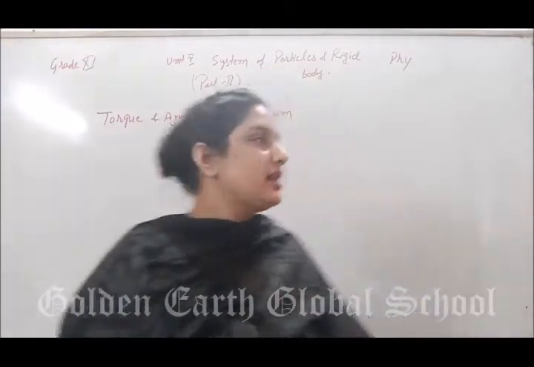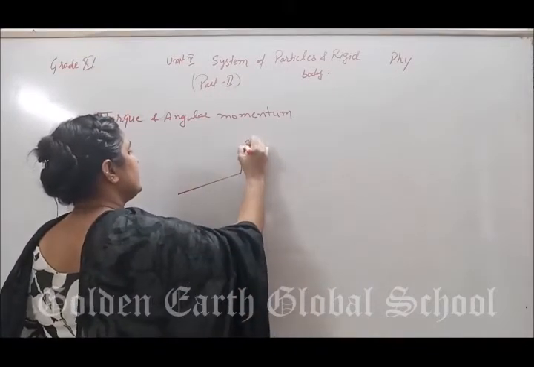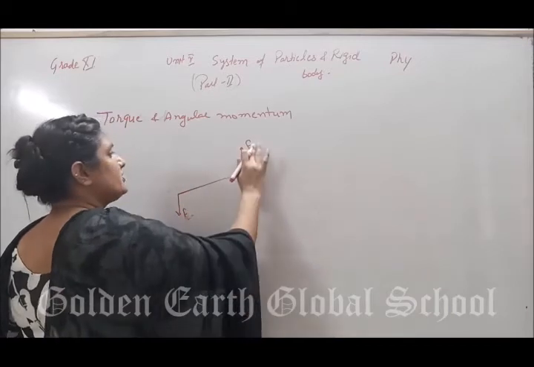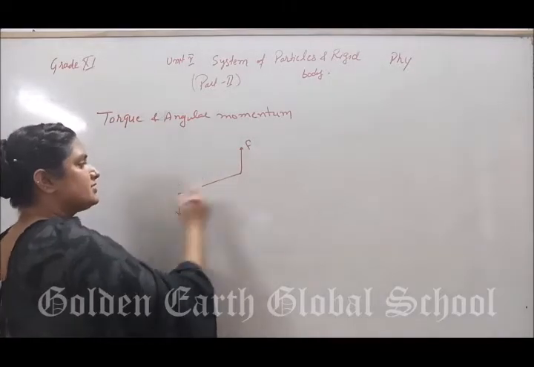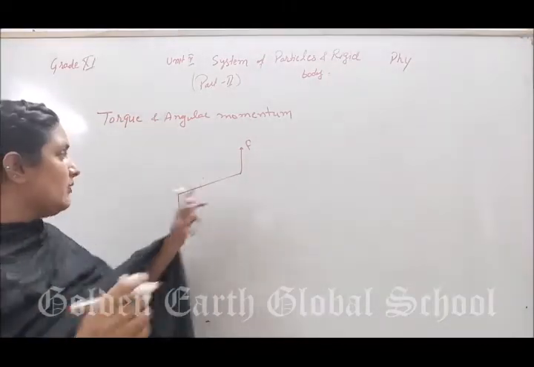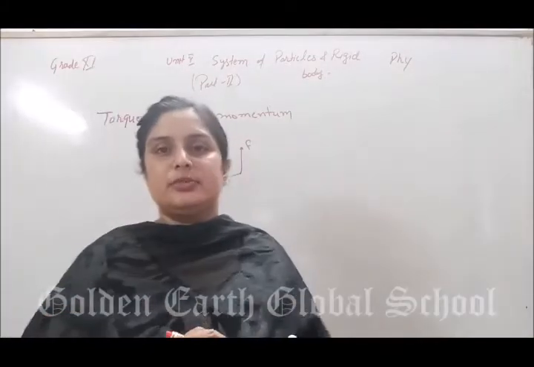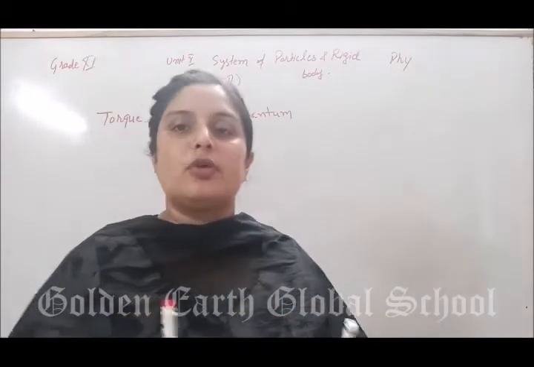Let us suppose this is an object, on this is the force F1 and this is the force F2, the forces are equal, and there is a perpendicular distance between these two. When two equal and opposite forces are acting on the object but their line of action is different, we talk about the torque.